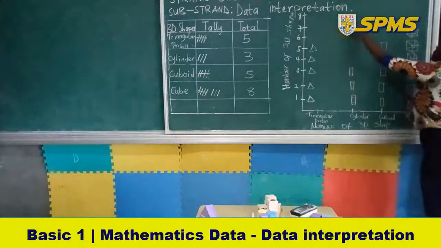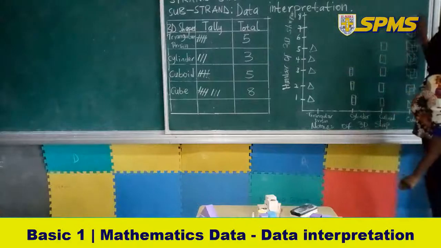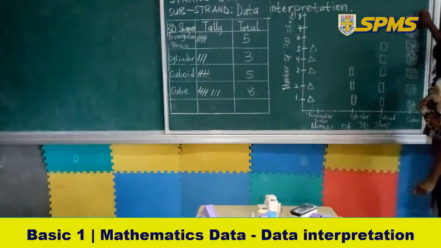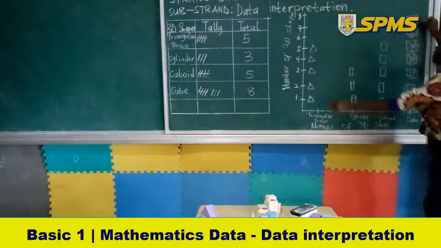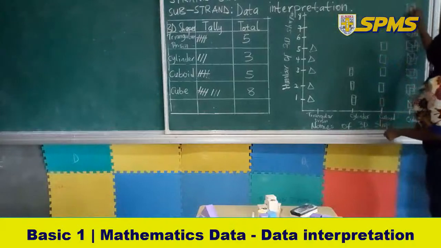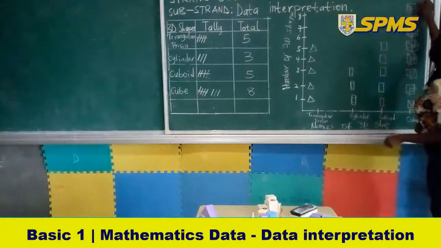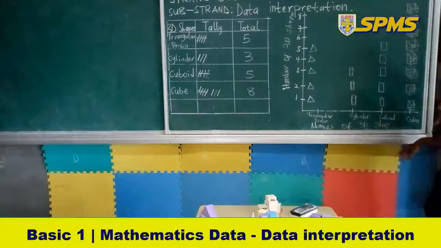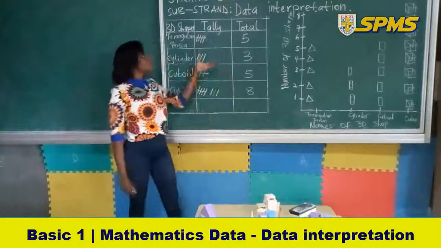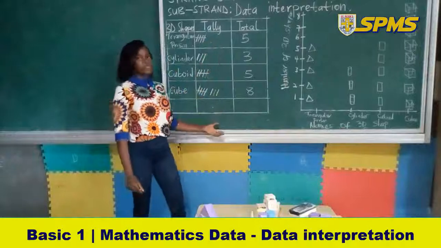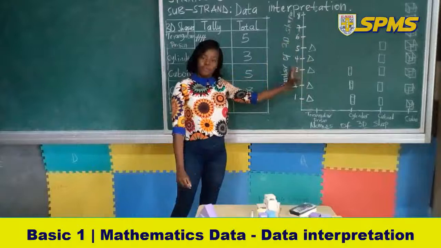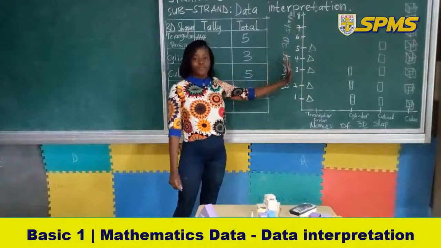Six, 7 is up here. And our last cube. So now this is how we represent information from our tally chart on our picture graph. Very good. Is this not beautiful?